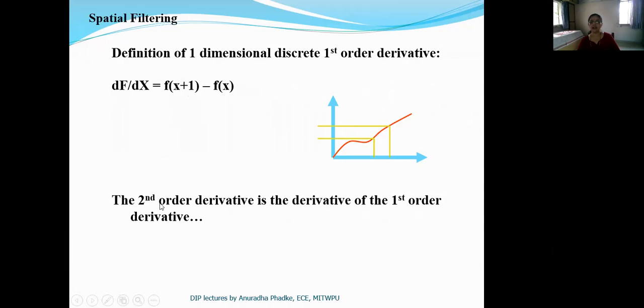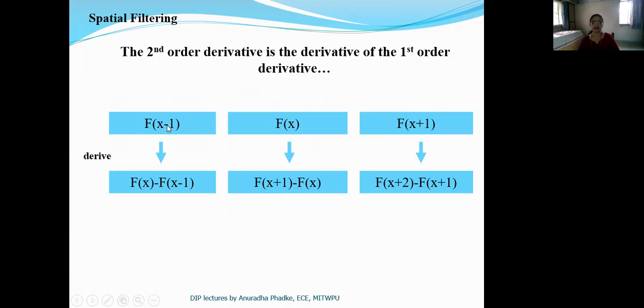Now let us see how we can determine the second order derivative in general terms. All of us know that the second order derivative is nothing but the difference of first derivatives. So say we have three samples: f(x-1), f(x), and f(x+1). Now we can write down the first derivative for these three samples as shown here. f(x) minus f(x-1) is a first derivative.